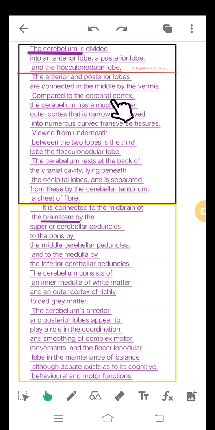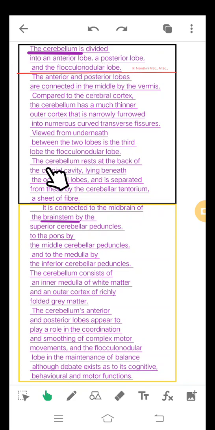Compared to the cerebral cortex, the cerebellum has a much thinner outer cortex that is narrowly furrowed into numerous curved transverse fissures. Viewed from underneath, between the two lobes is the third lobe, the flocculonodular lobe.